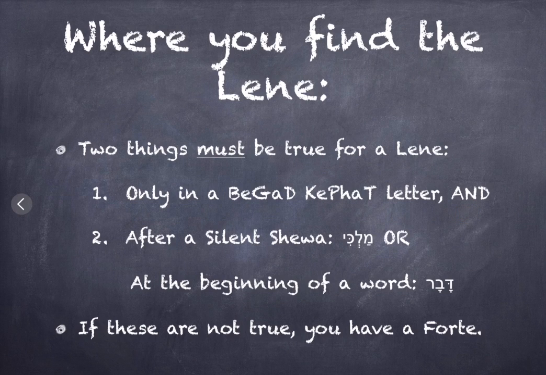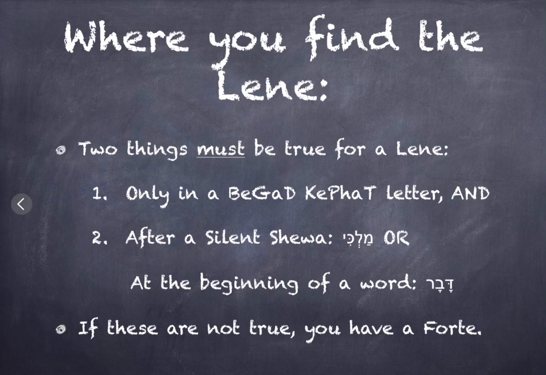So if right off the bat you notice a Mem with a Dagesh, it cannot be a Lene. It has to be a Forte. Or if you have a Zayin with a Dagesh, it can only be a Forte. But if you have a Begad Kafat letter with a Dagesh, you have one more question to ask, and that is, where is that Begad Kafat letter located in the word?